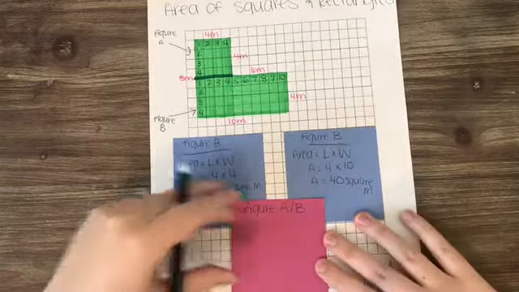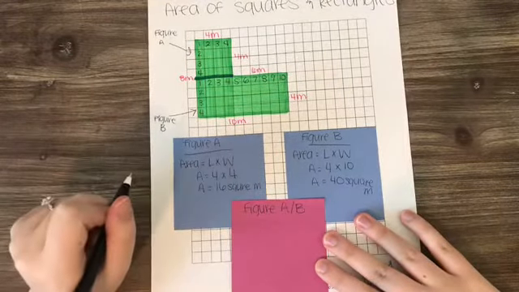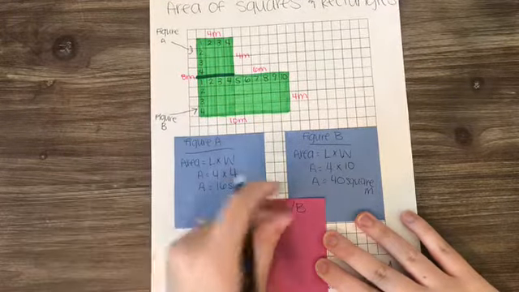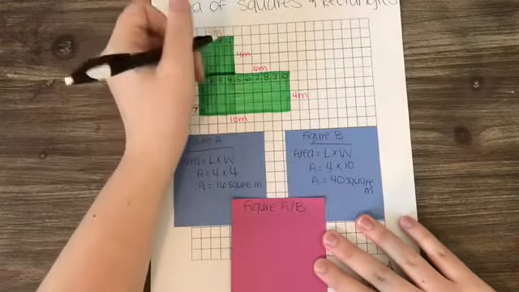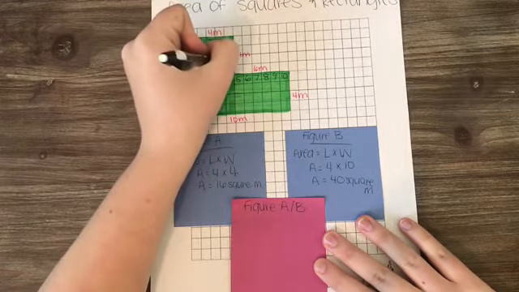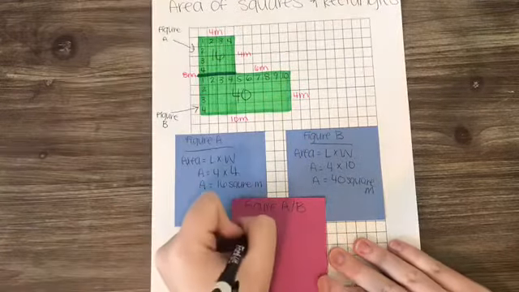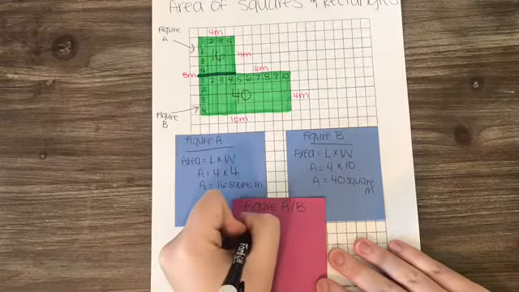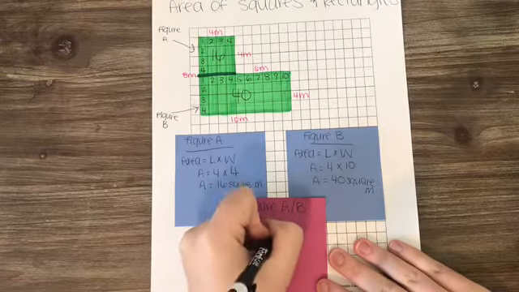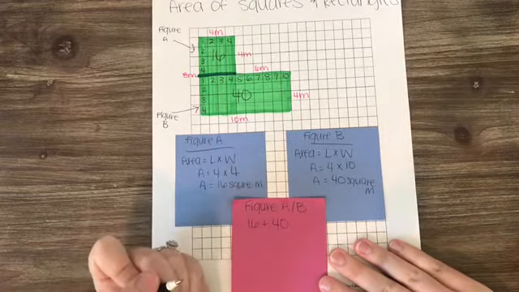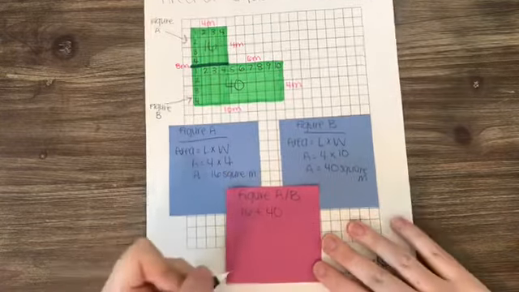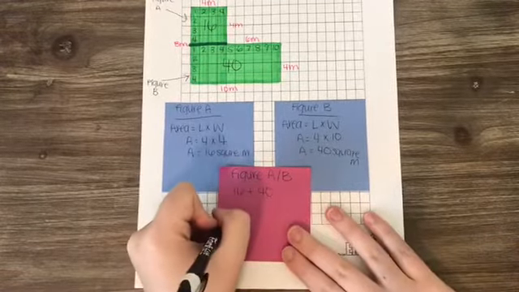Just so we don't forget that we found that area. So now I'm going to add these two to find the total number of squares, because we know that there are 16 here and there are 40 here. So now we just need to add them. So we have 16 plus 40. What helps me is if I make this a vertical problem.